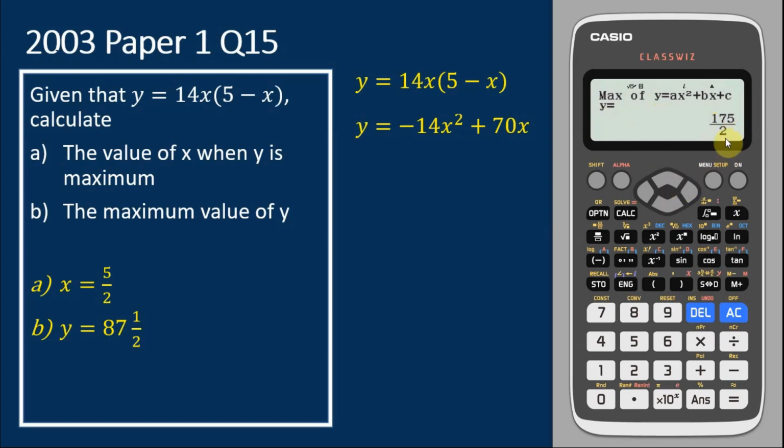Let's convert this to a mixed number by pressing Shift SD. So 87 1/2, yes, same as what we obtained in the previous slide. So the Casio fx-570EX Classwiz calculator is a very powerful calculator. It can help us in many calculations and also help us verify our answers.